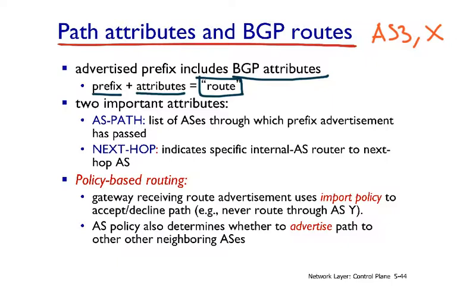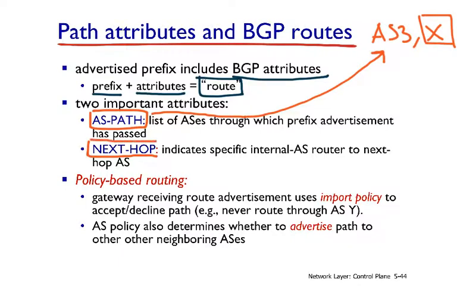The 2 important attributes are AS path. In this case, AS path is AS3. This is the destination. It is not taken into account in terms of attributes, but there is another important attribute called next hop.